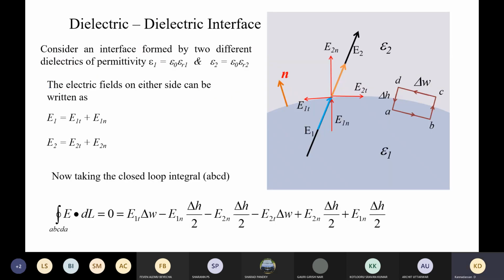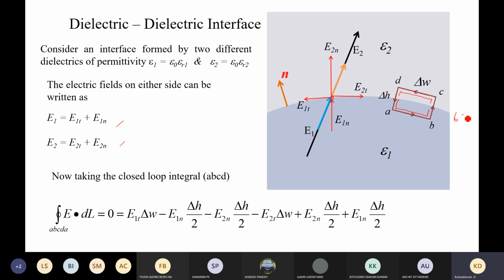Okay, so what we are doing, first we are describing the nature of the material. There are two materials sharing a common surface. And at the interaction point, we are finding electric field 1 and electric field 2. And there we are dividing them into normal and tangential components. With respect to that, we are describing a closed loop. This closed loop will cover both structures in an equal way. Thereby, we have sections 1, 2, 3, and similarly 1, 2, 3.